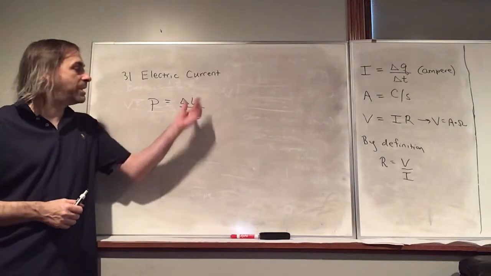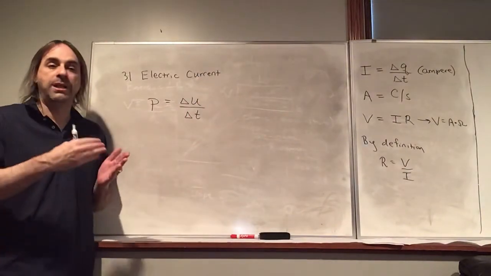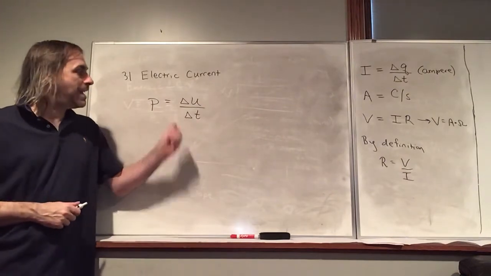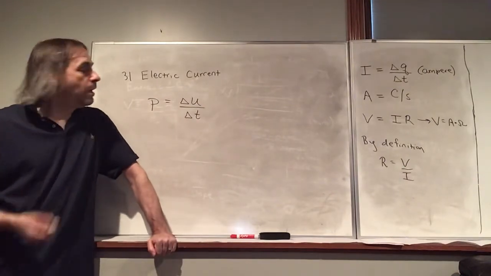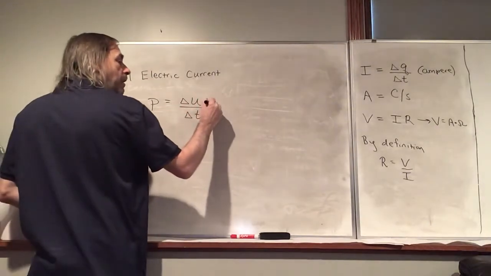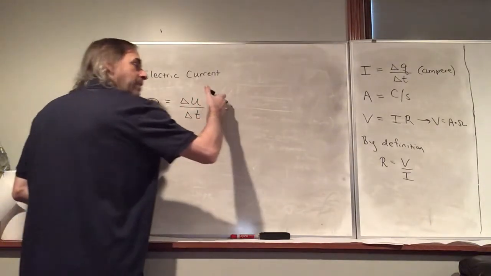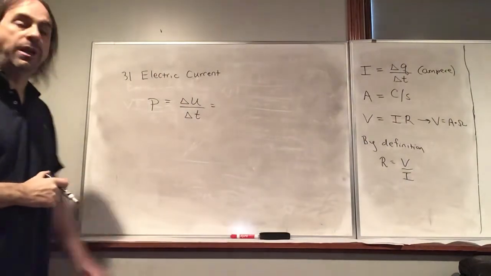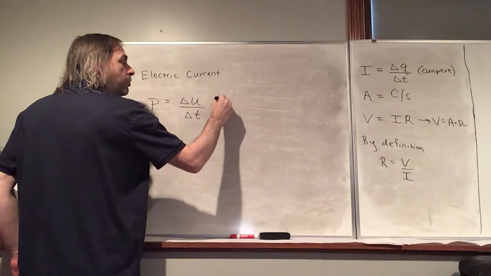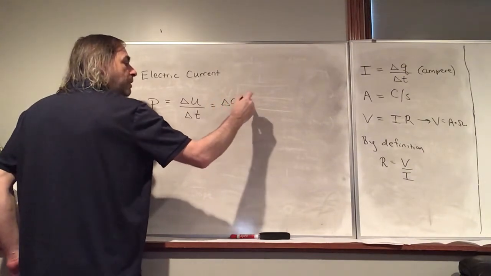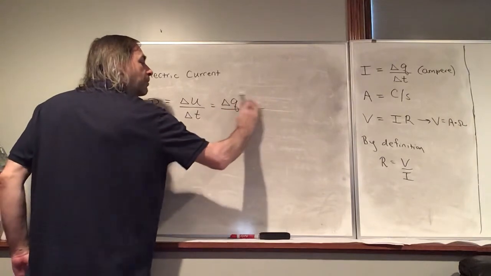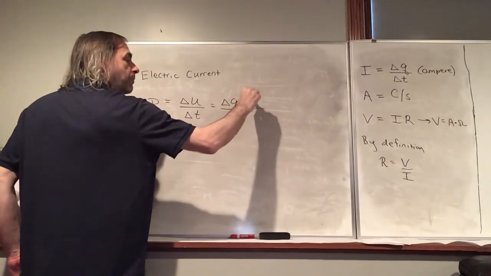So let's say delta U is the amount of energy that you're delivering to some device in a time delta T. And remember, delta U is equal to Q delta V. A current is actually charges moving through a potential difference. So the energy delivered would be the amount of charge, let's call that delta Q. Actually, I'm going to redraw that picture.